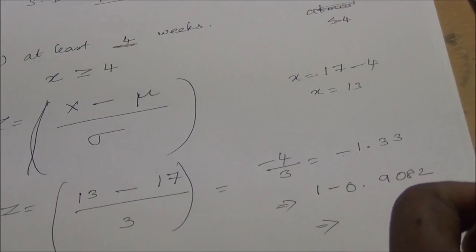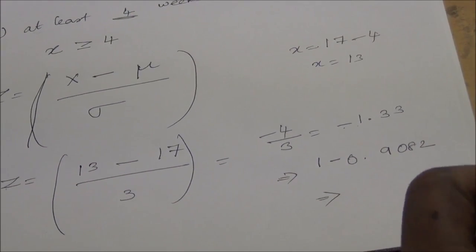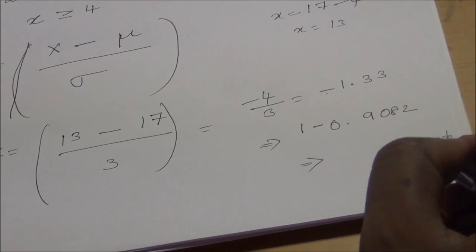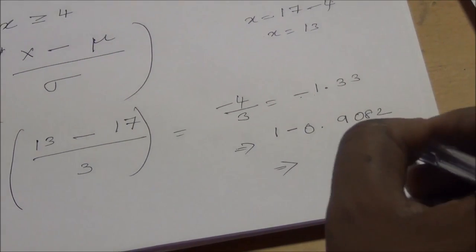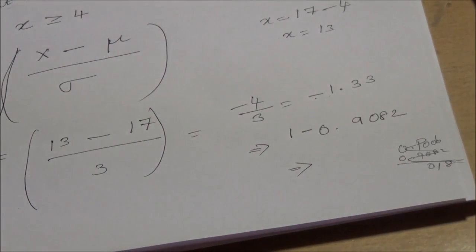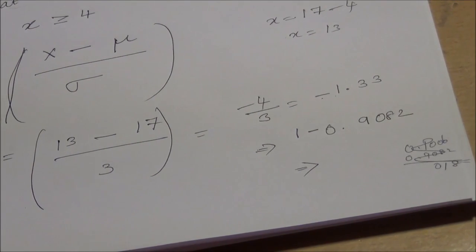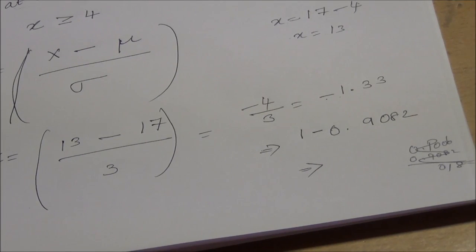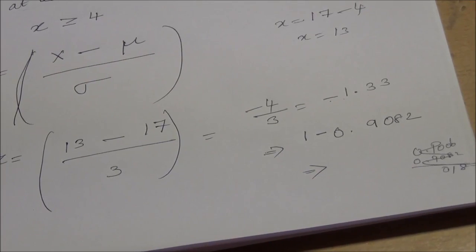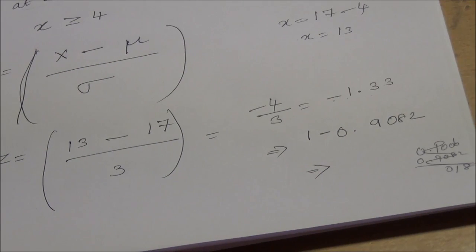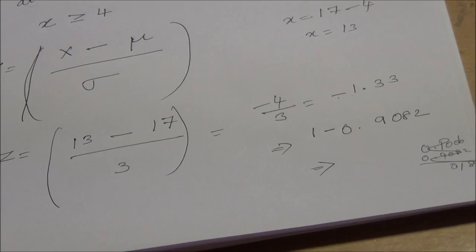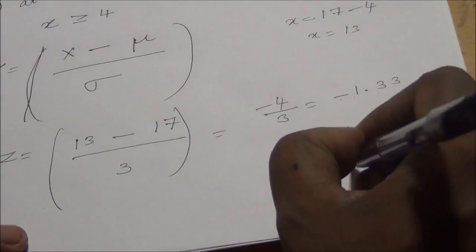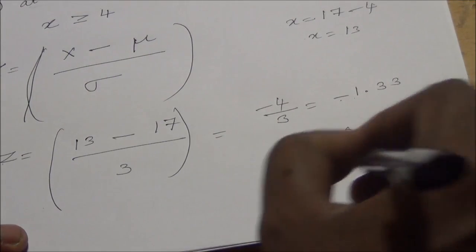So just calculate this: 1 minus 0.9082 will get 0.0918.